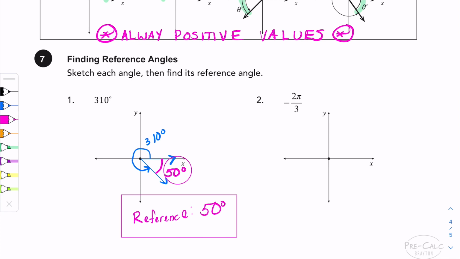Number 2 is negative 2 pi over 3. So we're going to quickly convert this to degrees by multiplying by 180 over pi. And you're left with a negative 120 as the angle that we need to graph. So negative 120 is 60 degrees shy of 180.